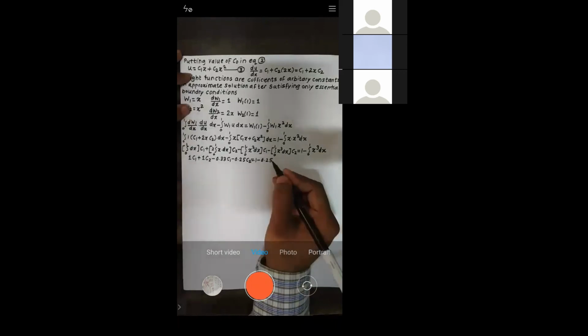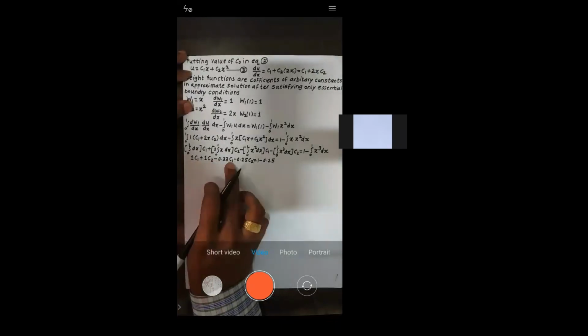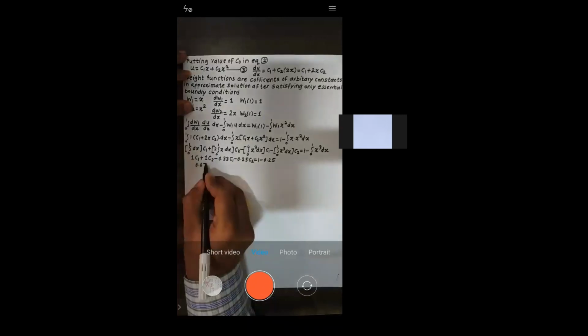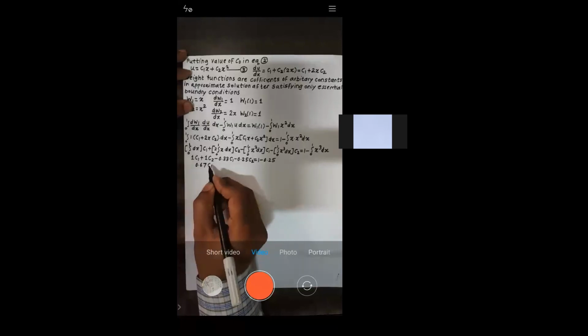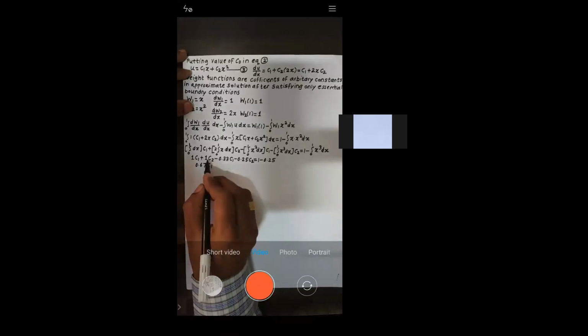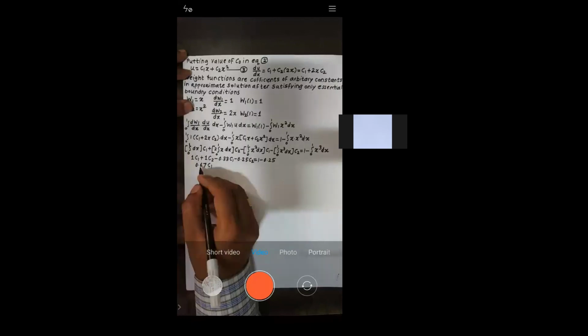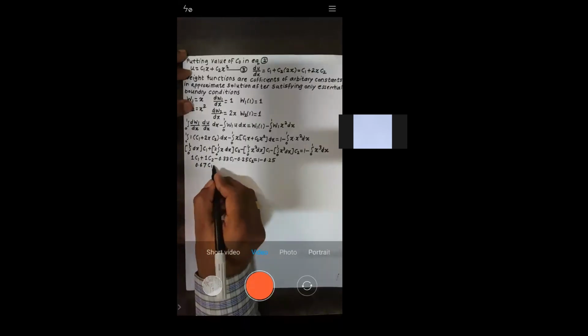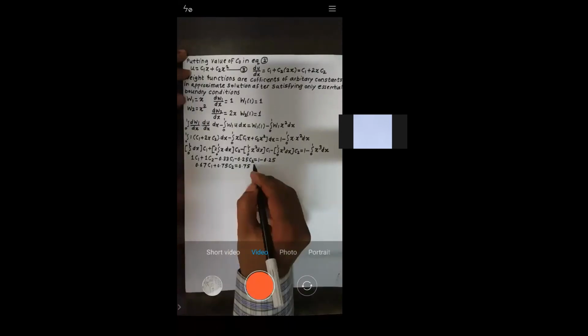Now tell me in terms of C1 and C2. 1C1 minus 0.33 C1 is 0.667 C1, right? Next 1C2 minus 0.25 C2, so it is 0.75 C2 is equal to 0.75. So let me call this equation number 4.